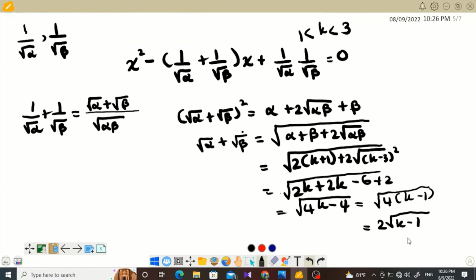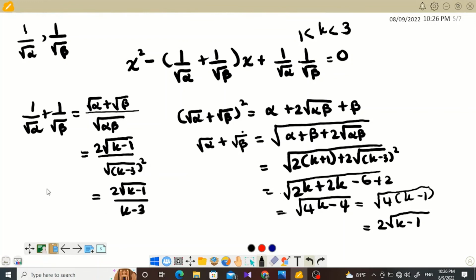So I am going to substitute that value here: 2 square root of k minus 1, divided by the square root of k minus 3 squared, which gives us the final answer as 2 square root of k minus 1 divided by k minus 3. So I get the value for the sum of the roots.